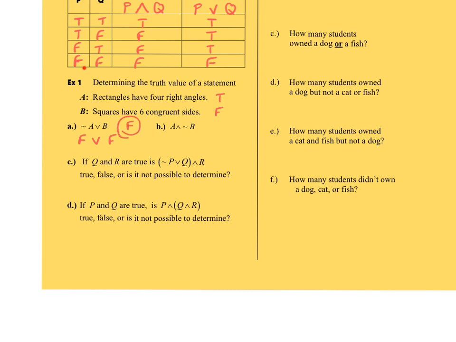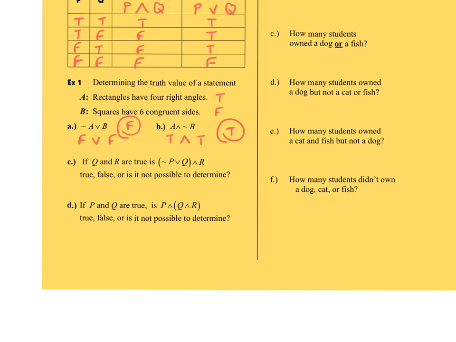And I can see that right here. If I go ahead and grab the truth value of A and put it here, the upside down V means and. The negation of B would be true. True and true, we can see from the truth table up above, means that the overall statement is true.